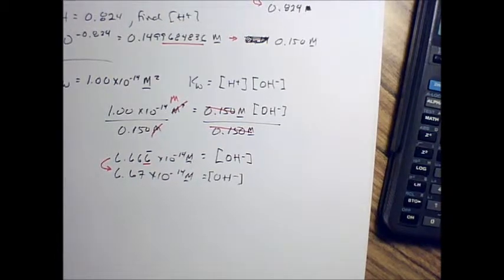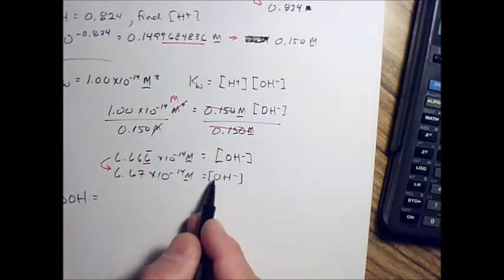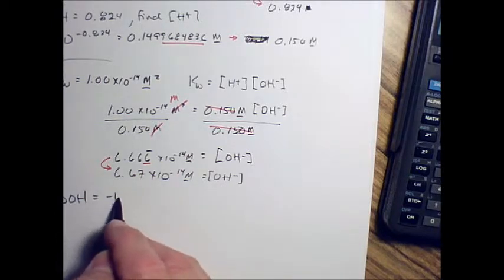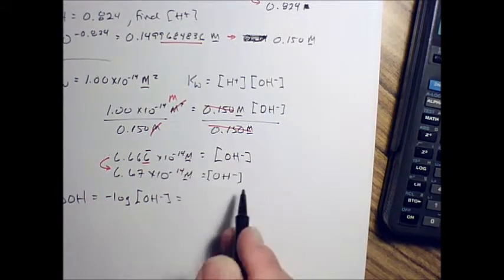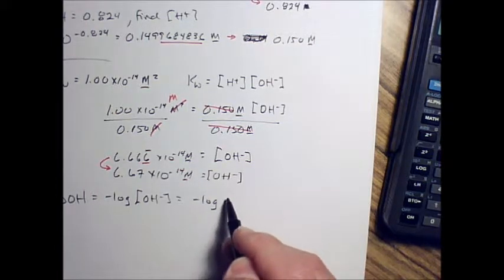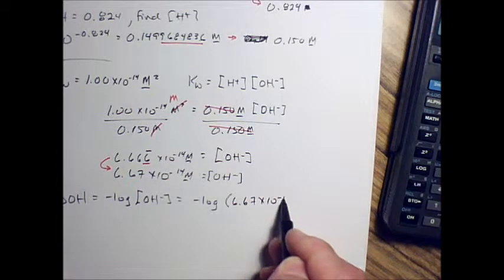Remember, pH was the negative logarithm of the H. Well, pOH is the negative logarithm of this, which is the negative logarithm then of 6.67 times 10 to the negative 14.